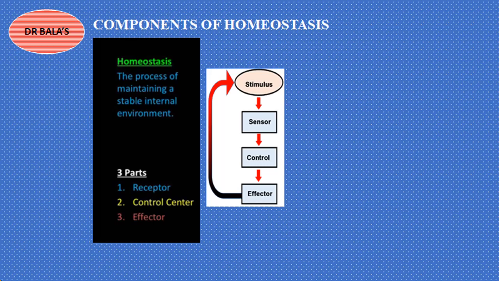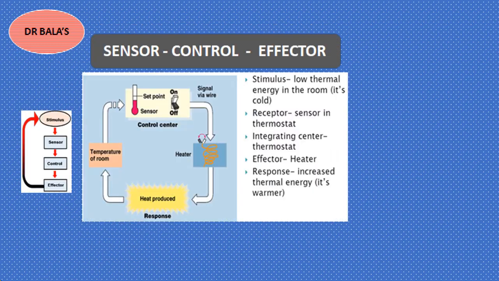Take nervous system control and thermoregulation. What are the components of thermoregulation? There are three components: one is a sensor, second is a control center, third is an effector. This is called the sensor, control center, effector concept.